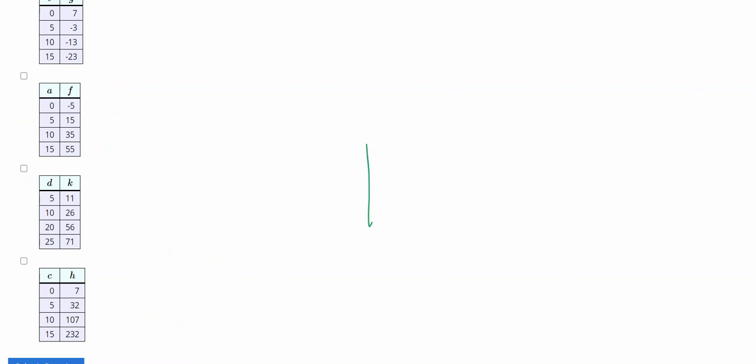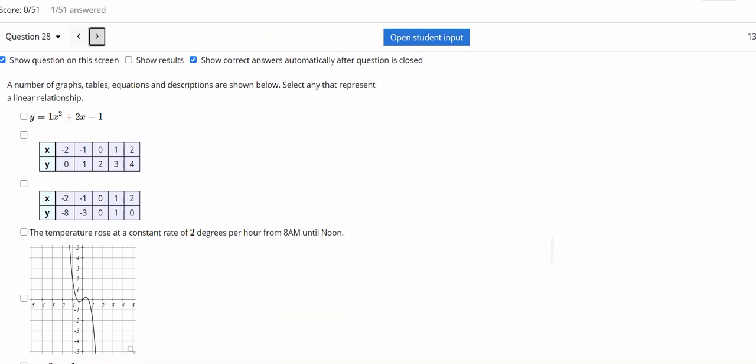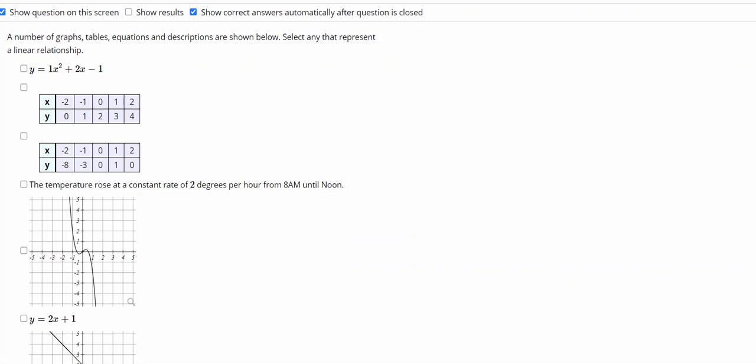All right, so now let's go to the next one here. Same type of situation, we're just looking at them in different ways. If we're looking at linear relations, have you guys noticed all the ones we've been doing so far were in this form?